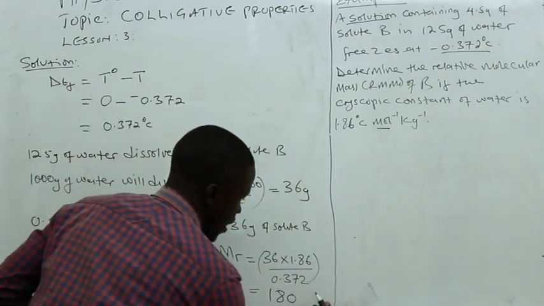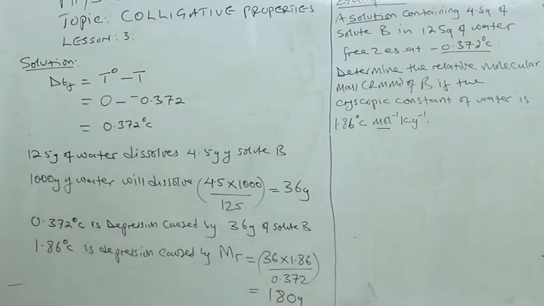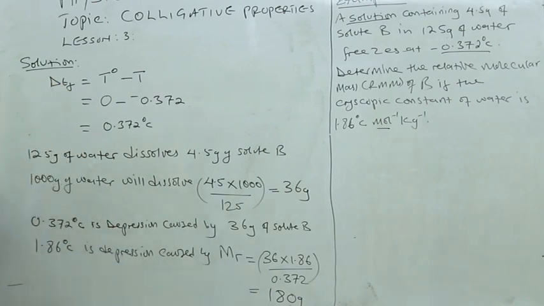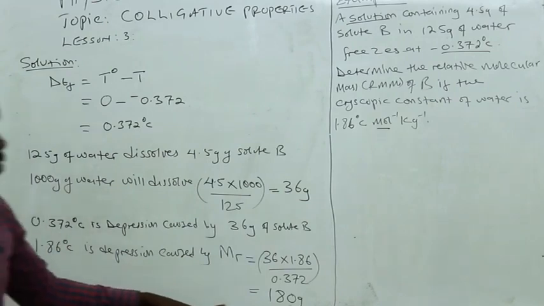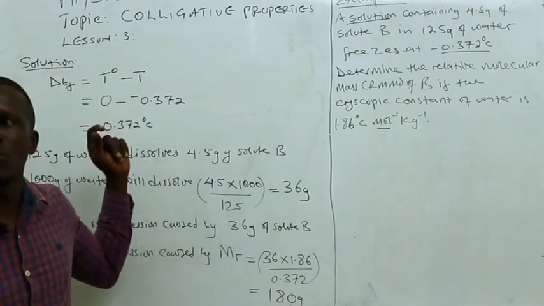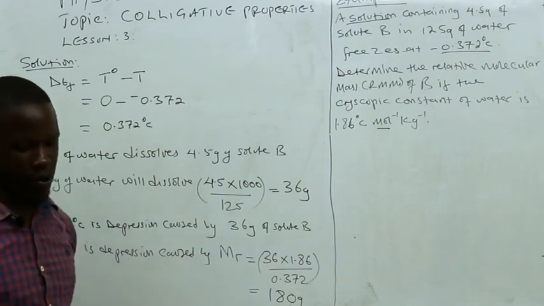This can be grams if they are not saying relative molecular mass. So you realize that we are able to determine the molecular mass by first principles of a solute that is non-volatile using colligative properties. So this now can be added onto methods of determining molecular mass when you want to determine the molecular formula of a compound.